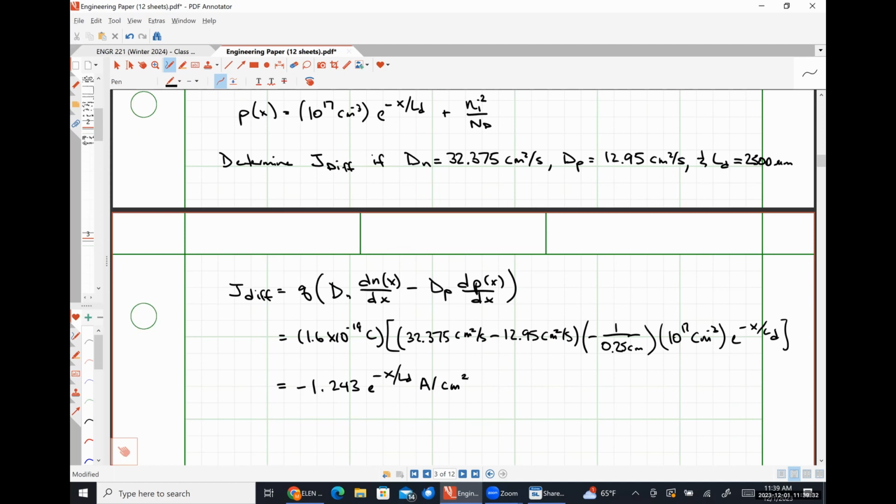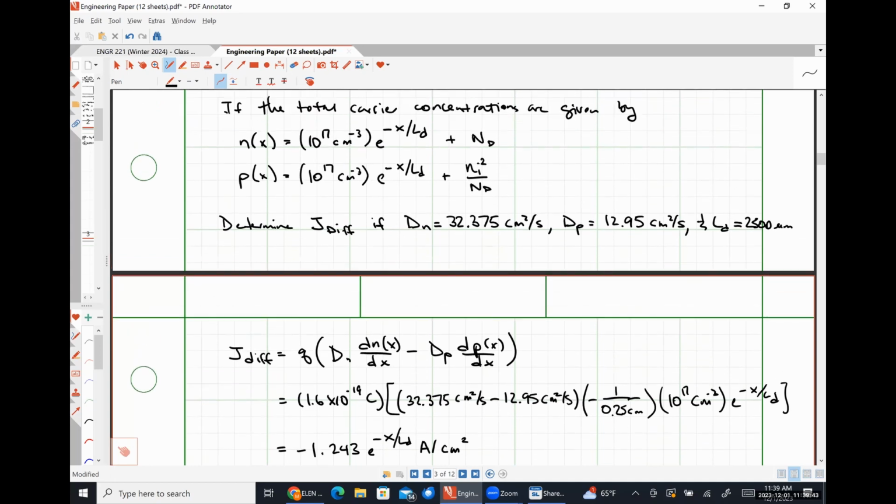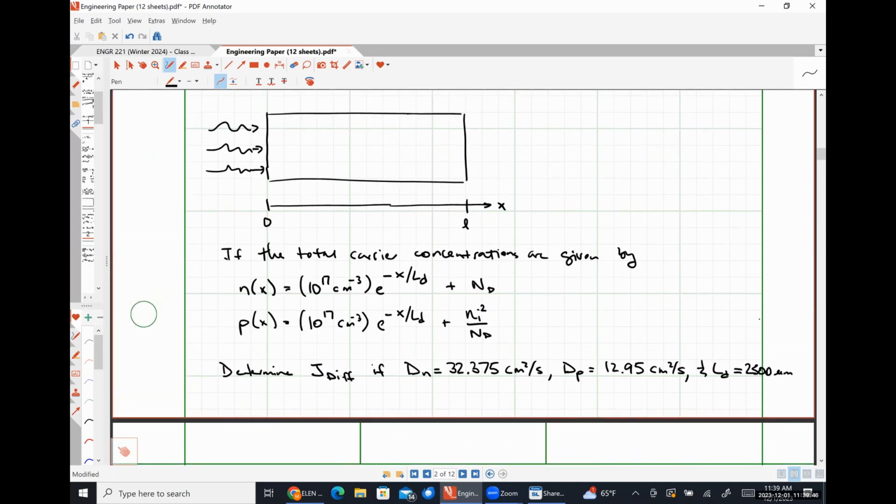So effectively, or actually, I'm going to ask you to explain this. Why does my diffusion current density have a negative sign? Let's look back at our picture.